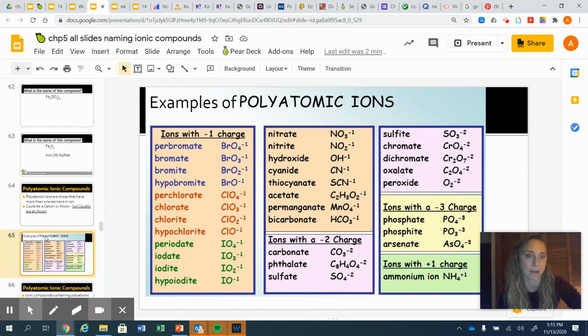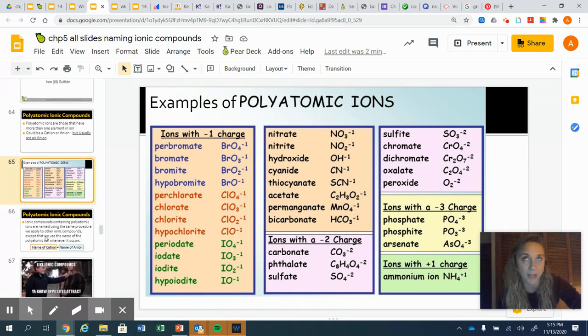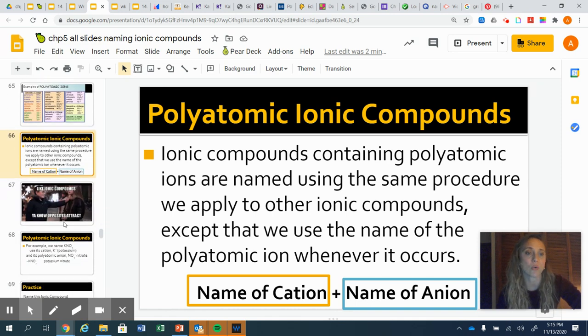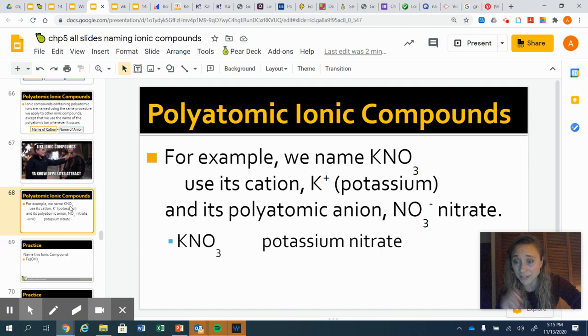It's going to be an ionic compound if it has a positive first cation. So for polyatomic ionic compounds, same idea: you name the cation, and then you name the anion. It could be quite easy as long as you have the list in front of you, because you may not want to remember all of those polyatomic anions. And of course, there's the one exception of ammonium.